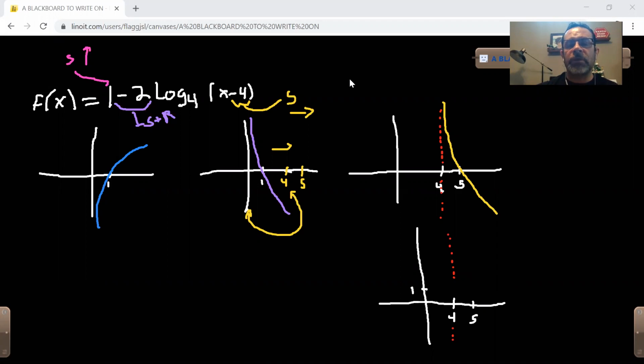Just use another marker there. And we've still got the asymptote going here. And so the place where it's going to cross now is going to be here. And so now the graph is going to go something like this. Use the same pink color, so it's going to be coming something like this.